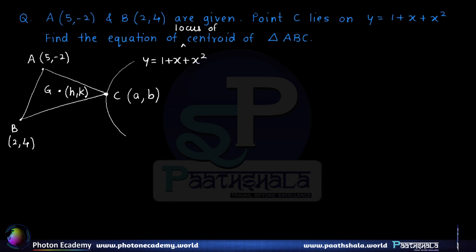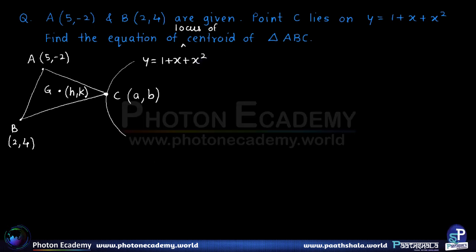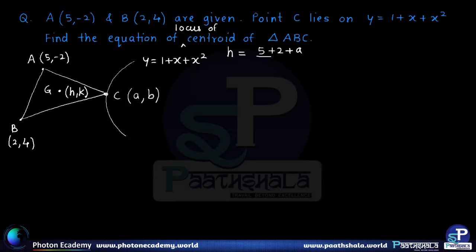Now we know the coordinates of the centroid can be calculated using the formula. The x coordinate of the centroid is the sum of the x coordinates of the 3 points, so that is (5 + 2 + a) upon 3, isn't it? And the y coordinate is similarly the sum of all the y coordinates of the 3 points upon 3.